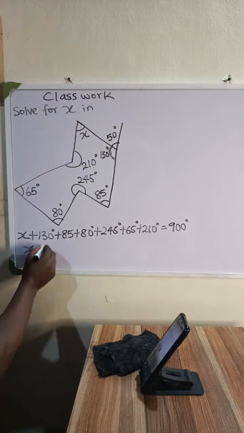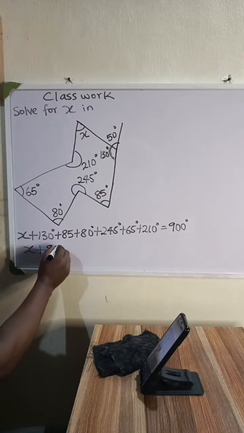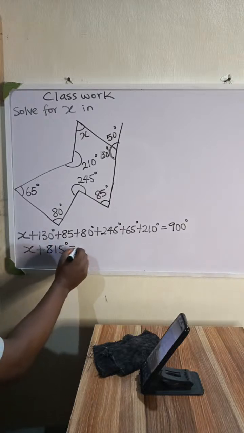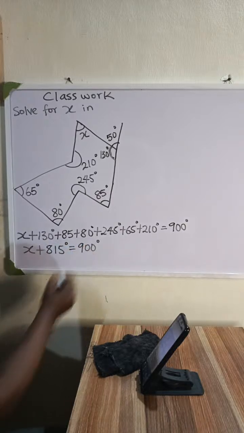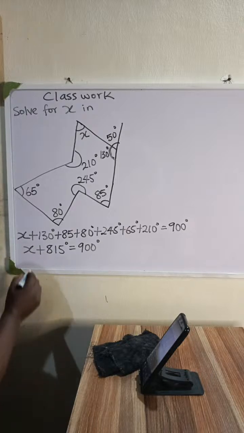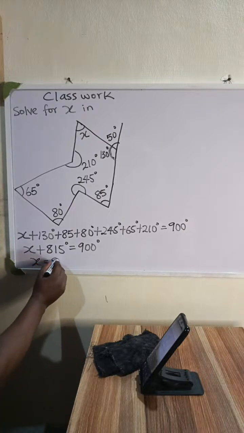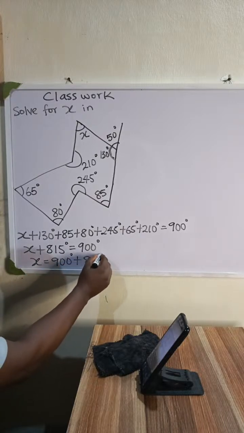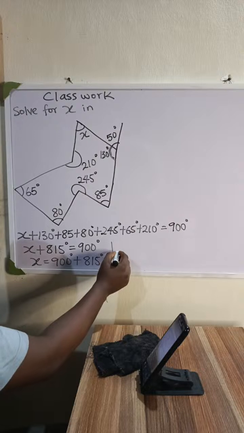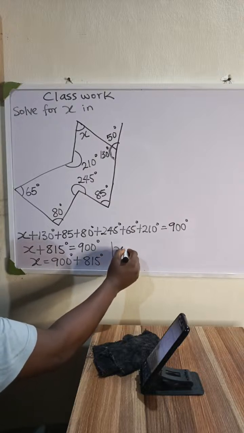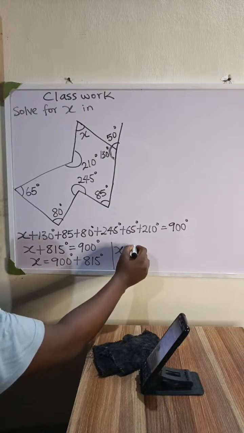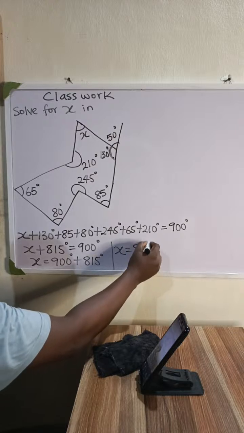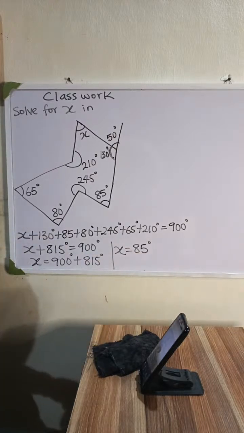So you have 815 degrees is equal to 900 degrees. Okay. So x is equal to 900 degrees minus 815 degrees. So that gives us correct. Okay. x is equal to 85 degrees. Good. Very good.